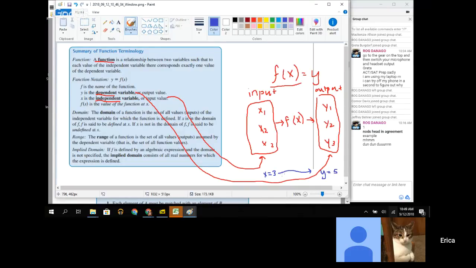This is the relationship that makes it a function. If I put in x equals 3 every time, I'm going to get y equals 5 or whatever that answer is through the function. What makes it not a function is if I put in x equals 3 and I can get y equals 5 or y equals -5. This idea that I put in one input and I could get two different outputs makes it not a function.